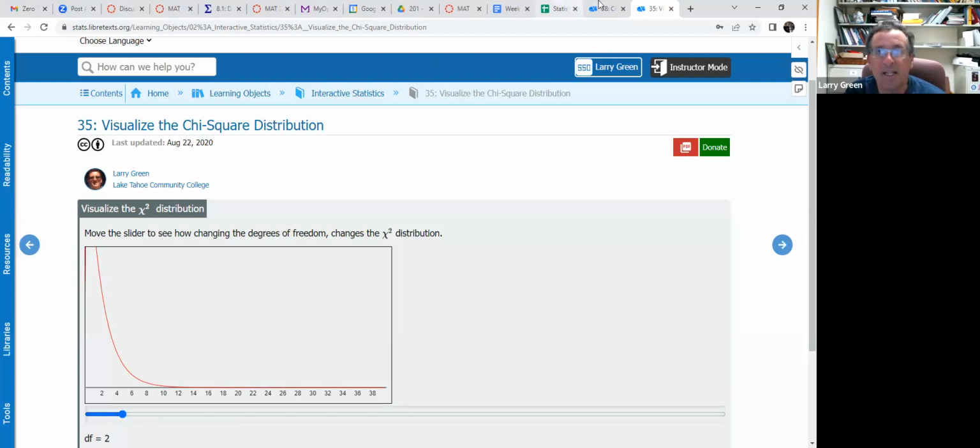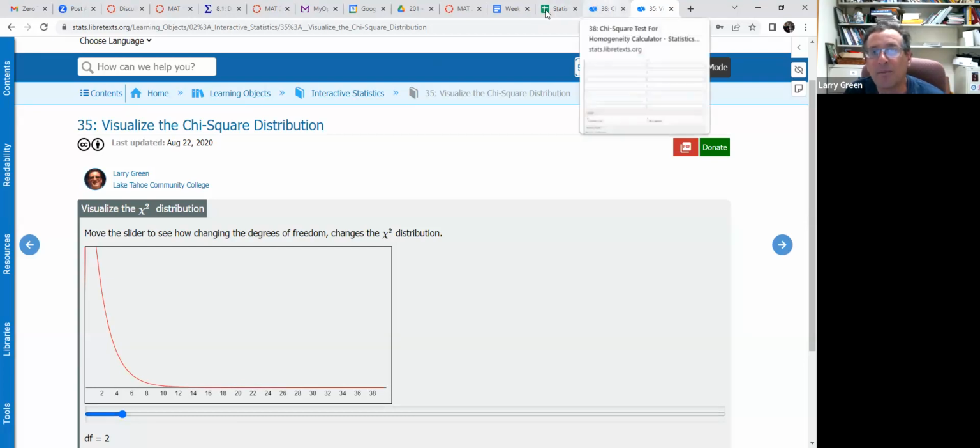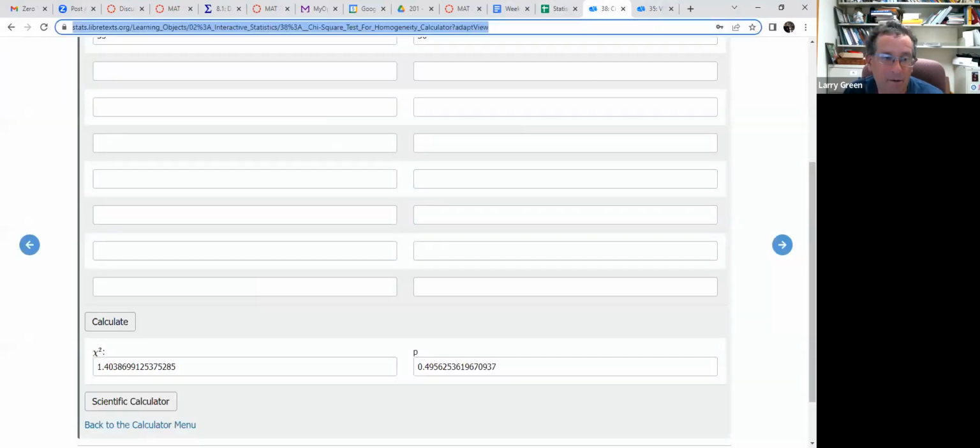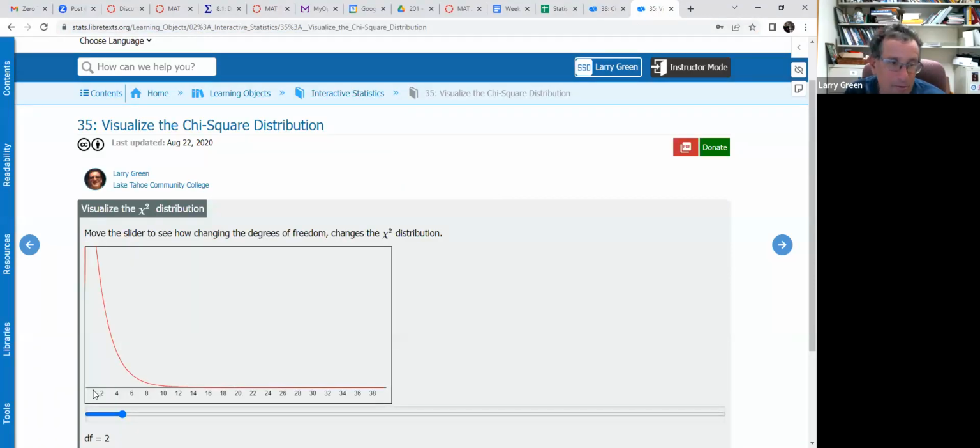We'll see that our chi-squared value was, where was it? There, was 1.4. So 1.4 is around there. It's close to 2.